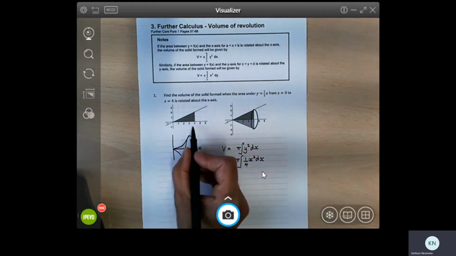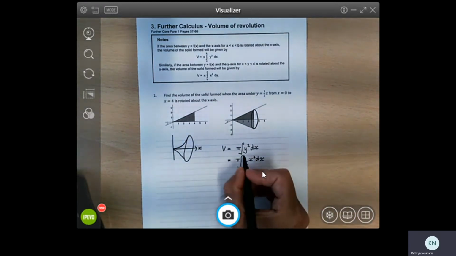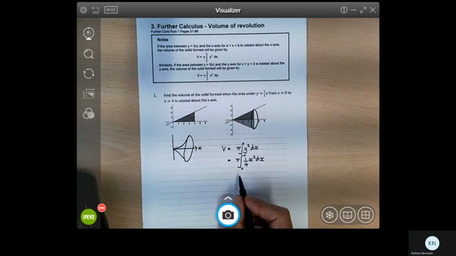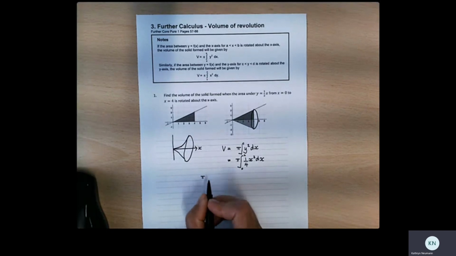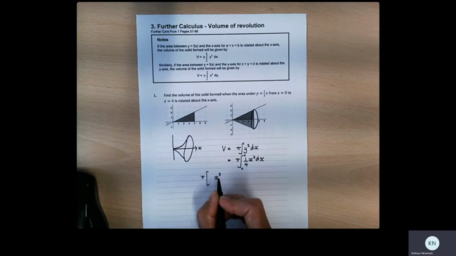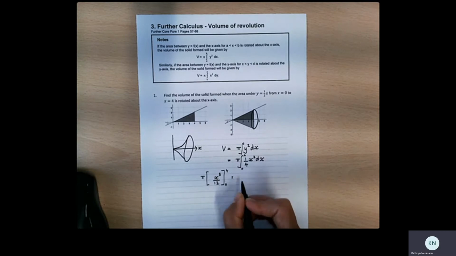The two limits we're going to use are 4 and 0, so we're going to integrate between 4 and 0 here. So looking at that, that's going to be equal to pi times x cubed over 12 between 4 and 0. I'm going to evaluate that.